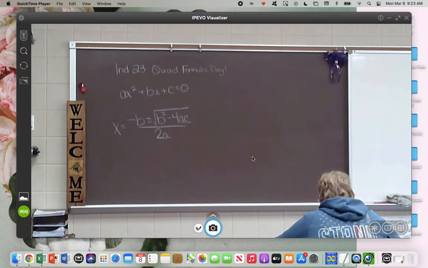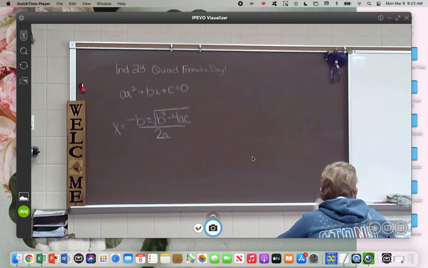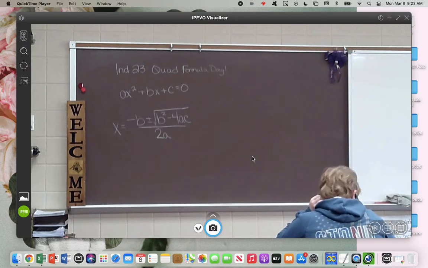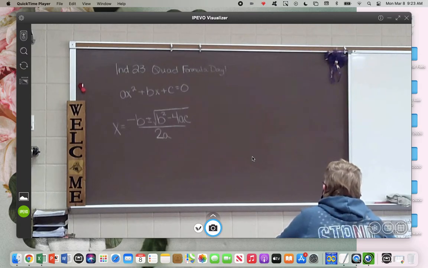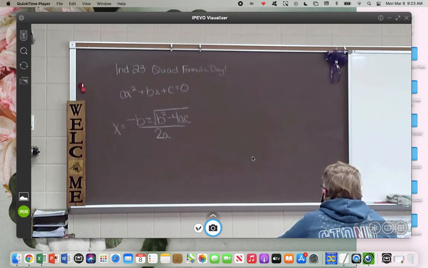One time you add the numerator, one time you subtract the numerator to get your two answers. Inside the square root, we plug in b squared minus 4ac, 4 times a times c, and our denominator is always 2 times a.